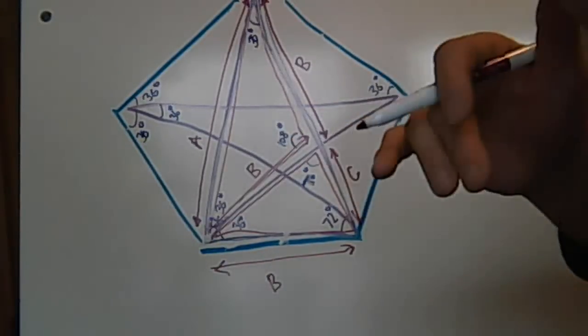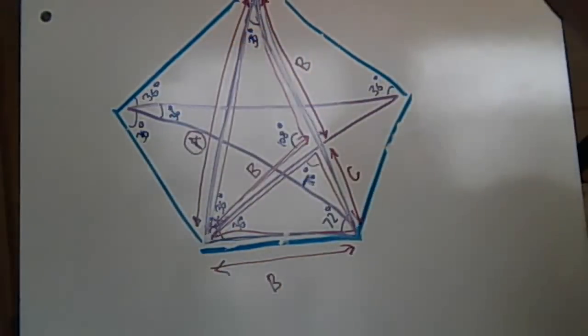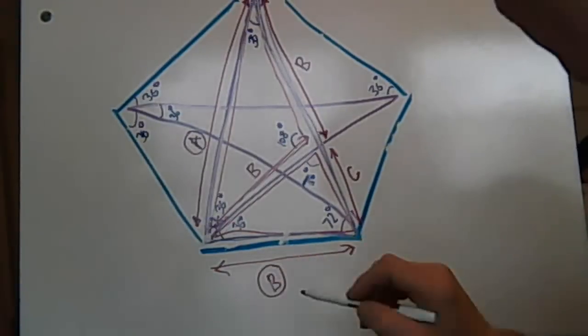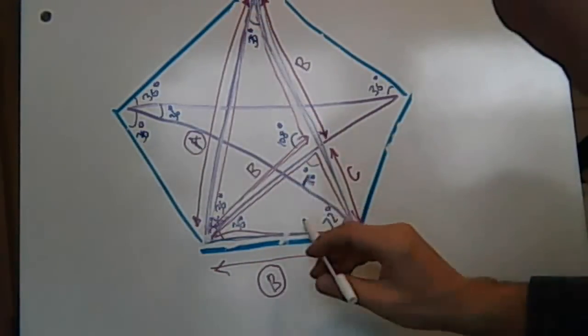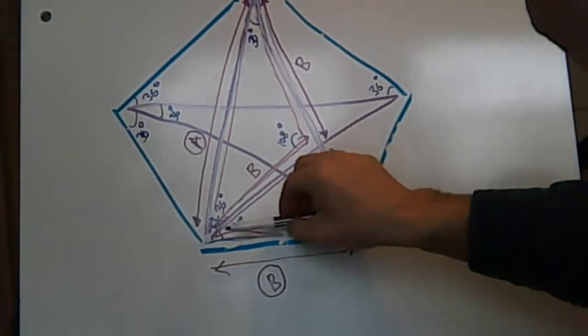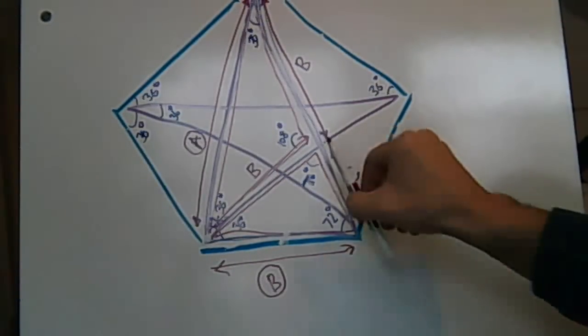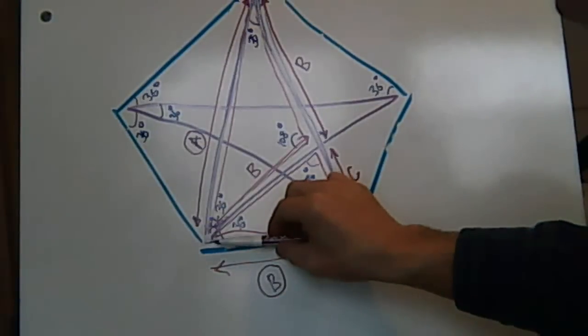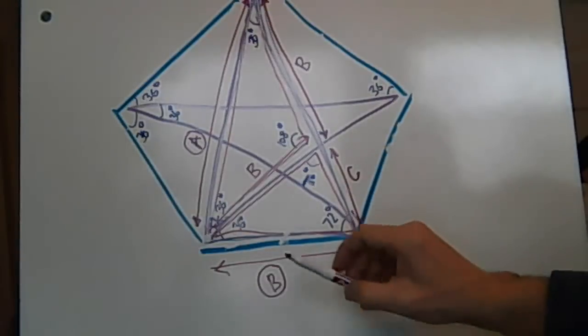So what I'm going to say is the ratio of A to B, that's the ratio of this longer side of this triangle, is going to be equal to the ratio of B to C. And that's because B is the longer side of the 72, 72, 36 triangle, and C is the base.